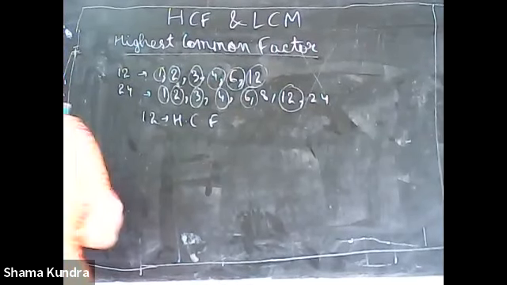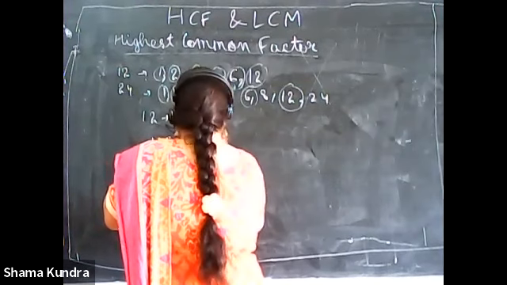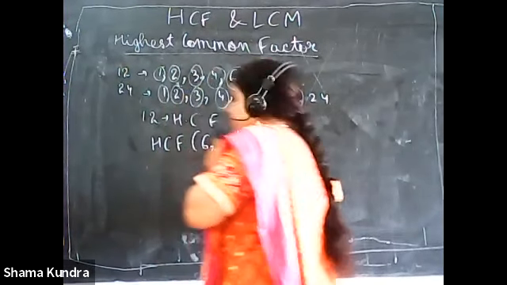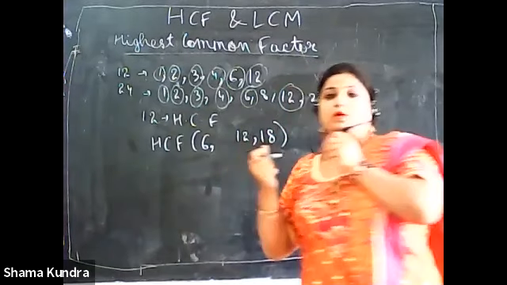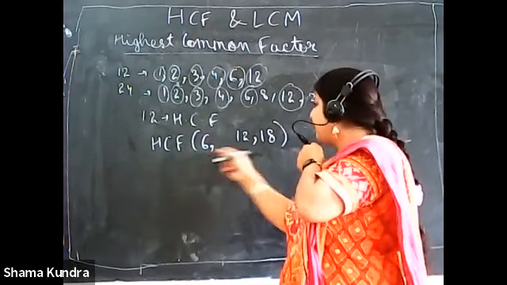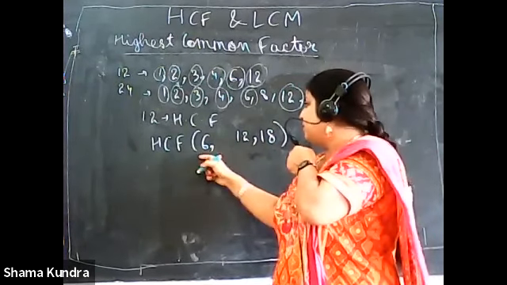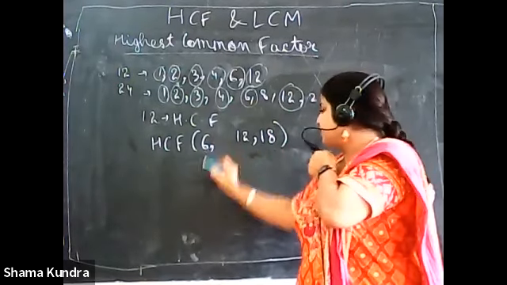Now see one more example. If I want to find the HCF of 6, 12, and 18, you have to find the number which divides these three numbers. When we divide 6 by 6, we get 1.